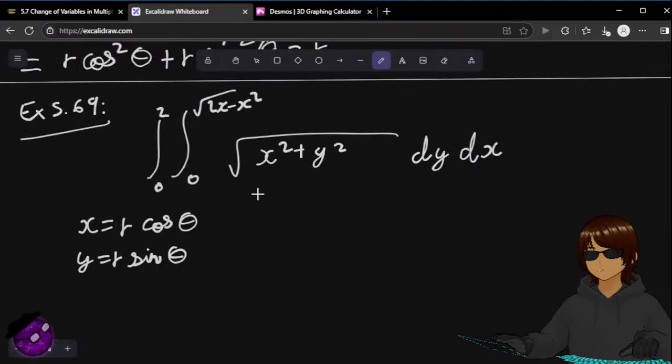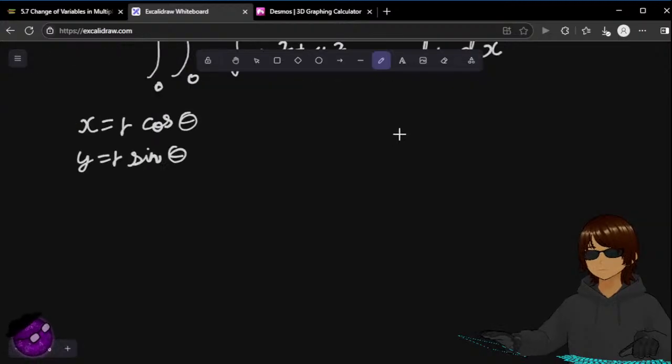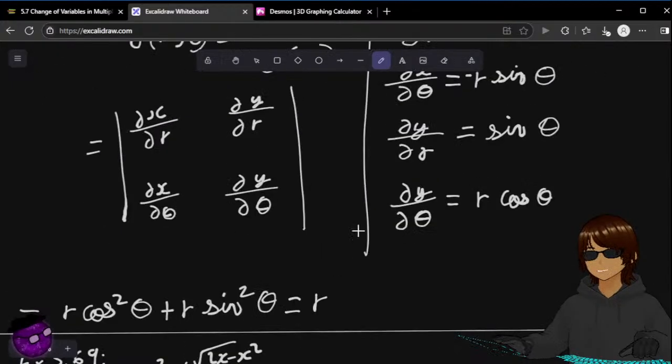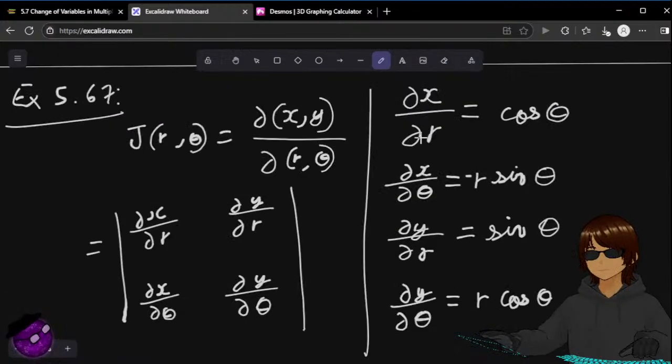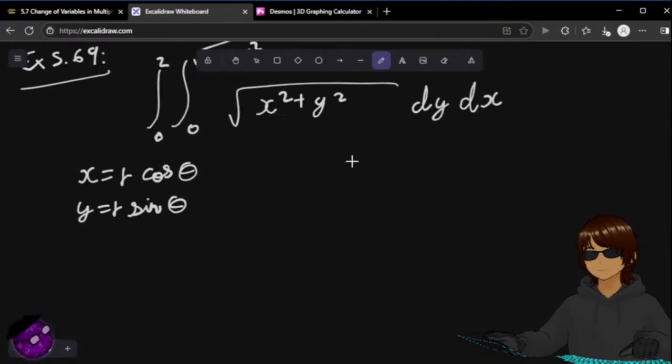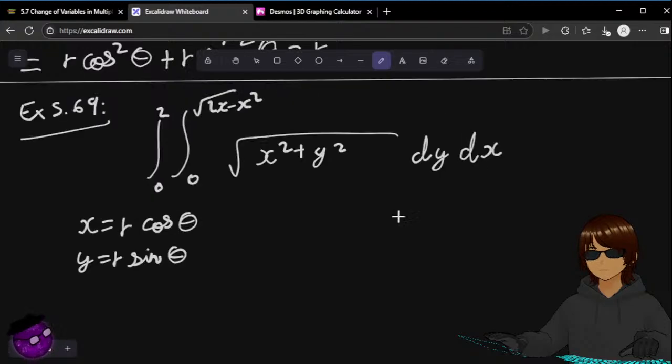So y is this, x is this, and we change this to the Jacobian. You already know the Jacobian is r, right? Because we did that before.